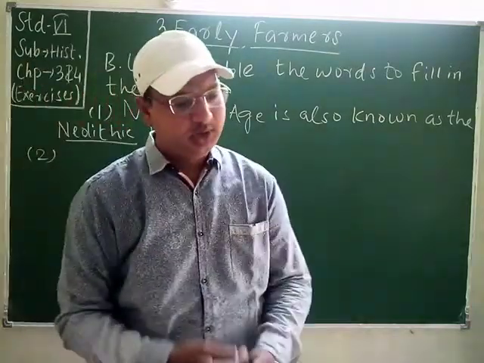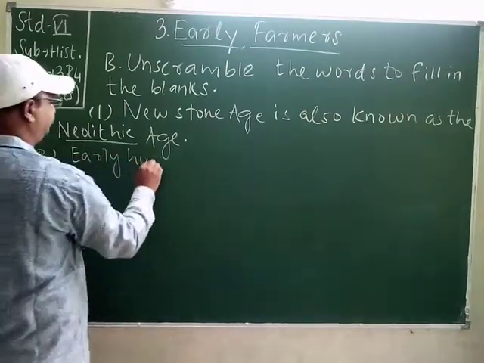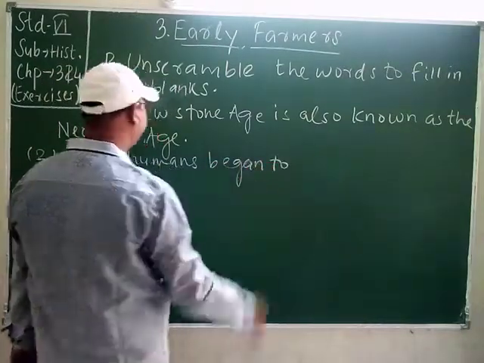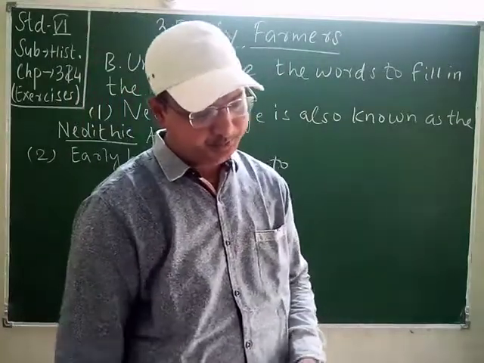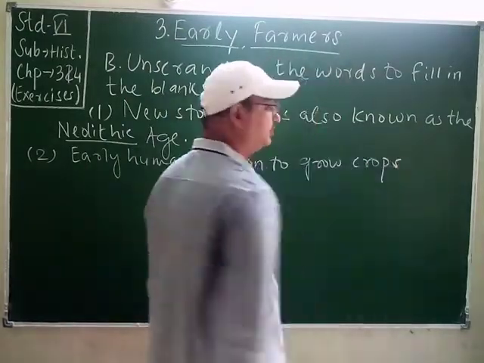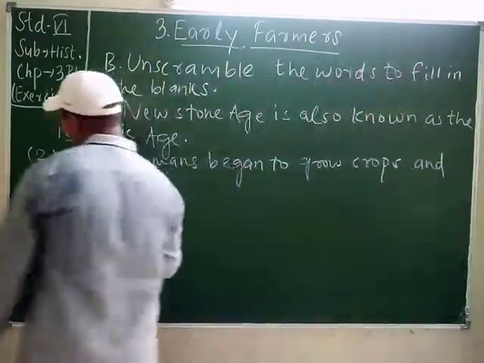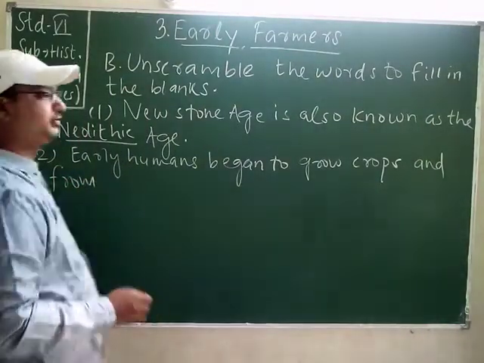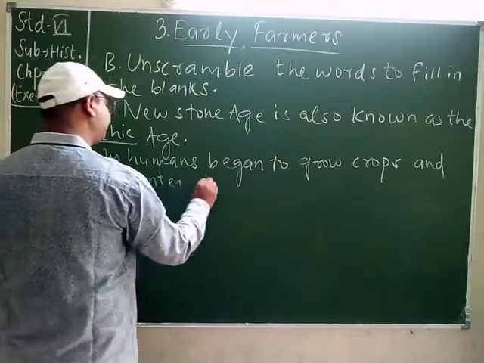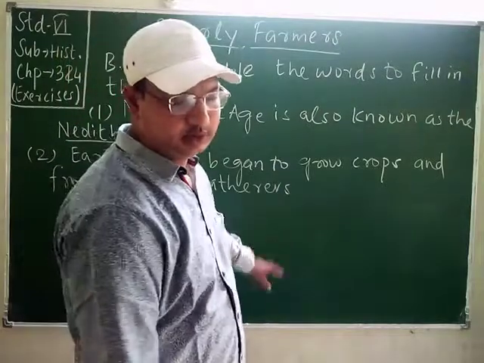Okay, then we will move to the second one. Early humans began to grow crops and from hunter-gatherers they became dash.